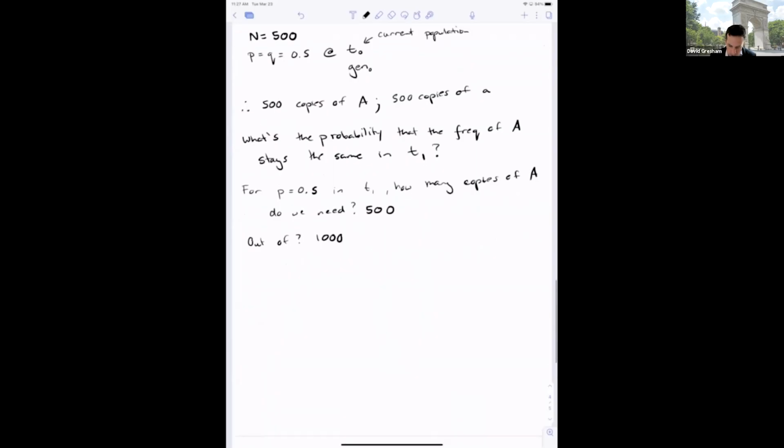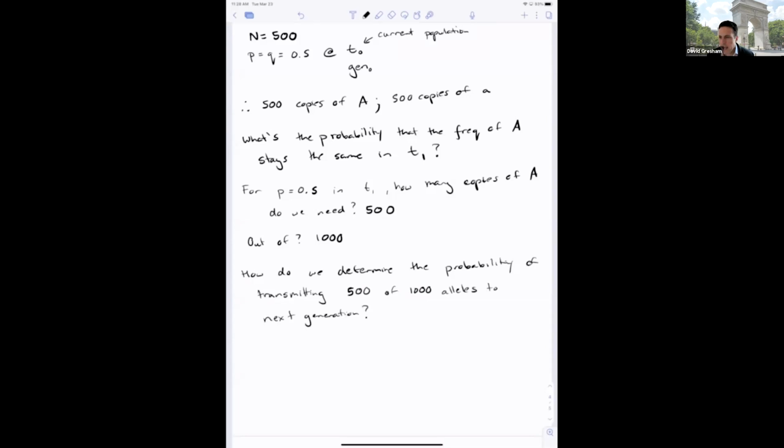So here's the question for you. How do we determine the probability of transmitting from generation 0 to the next generation 500 of 1,000 alleles?